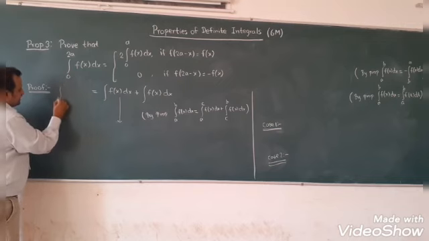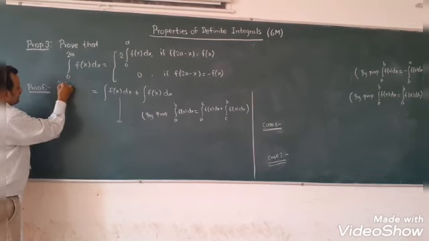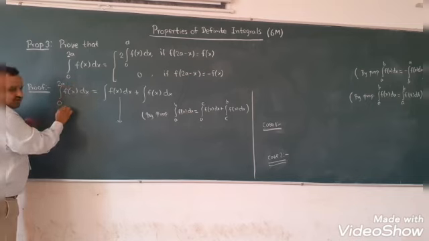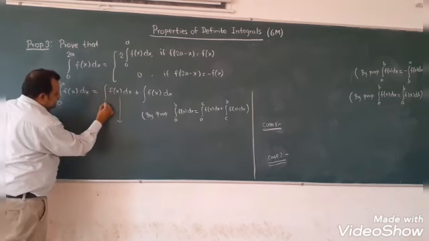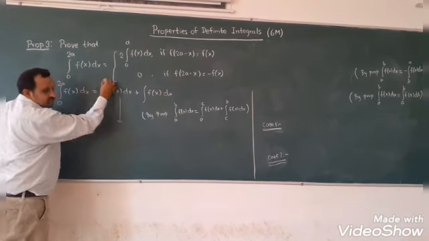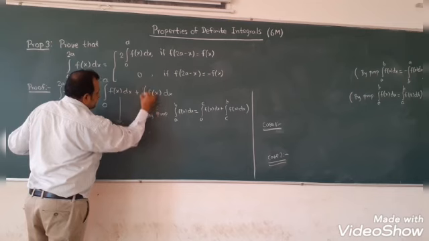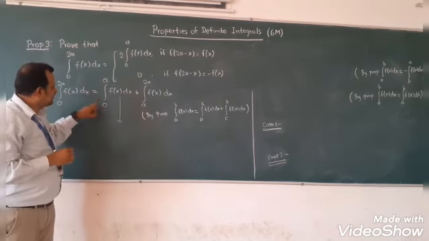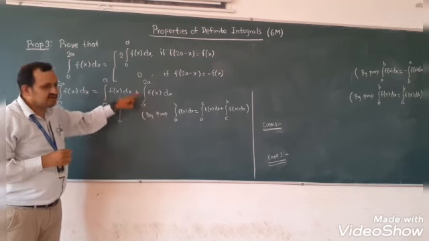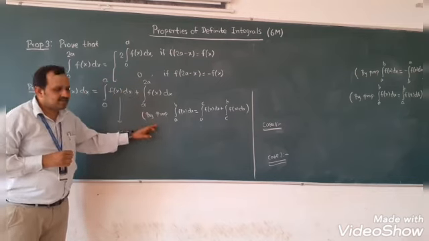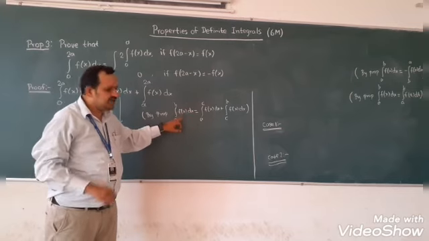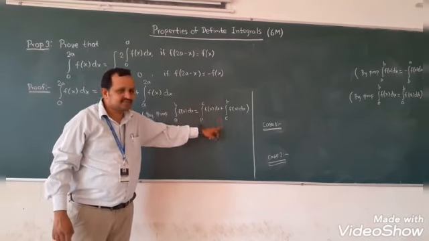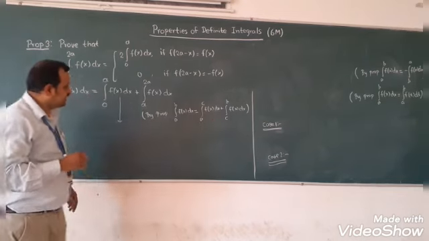So here I can say 0 to 2a f of x dx. So 0 to 2a can be written as 0 to a and a to 2a. Again by using this property, a to b f of x dx equal to a to c f of x dx plus c to b f of x dx.